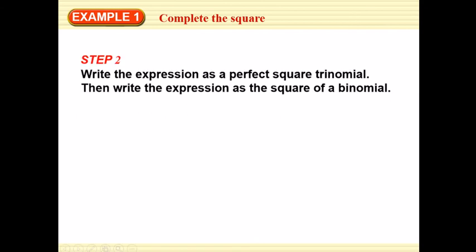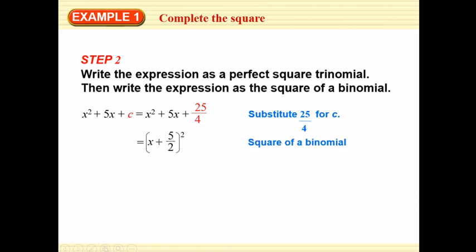If you do end up having a problem with decimals in it, you might convert it to decimals. So step 2. Now that you found c, write the expression as a perfect square trinomial. Trinomial, 3 terms. So I'm going to add in that c value right here, substituting in 25 fourths for c. And then, last but certainly not least, I'm going to factor it, keeping in mind that what ends up in this position was that b over 2.